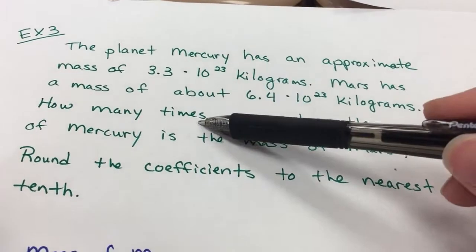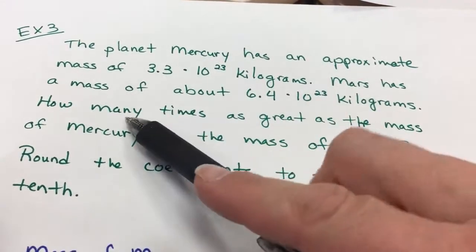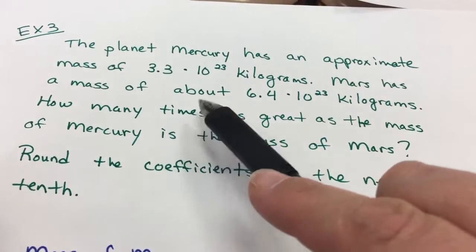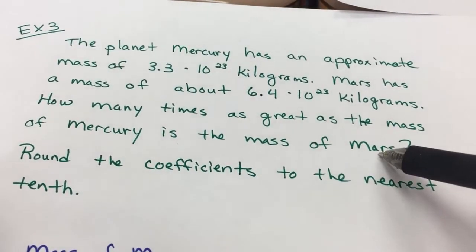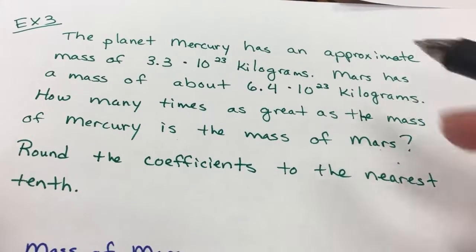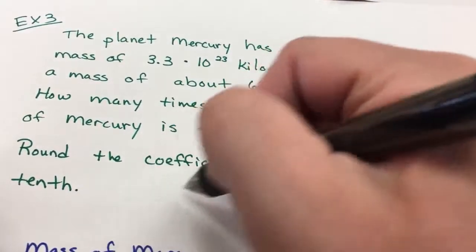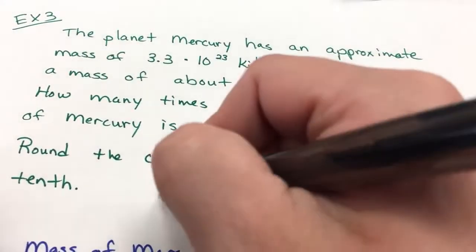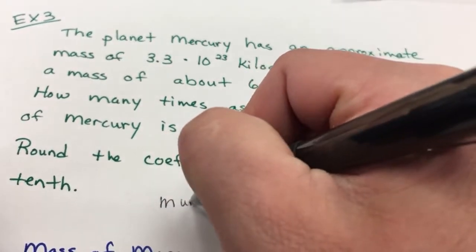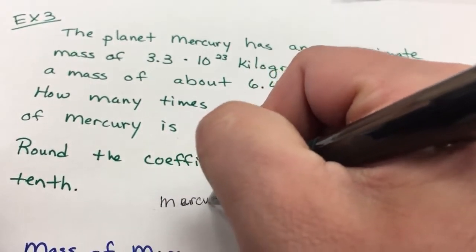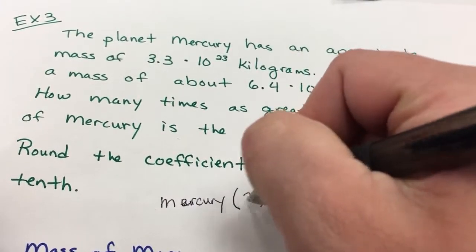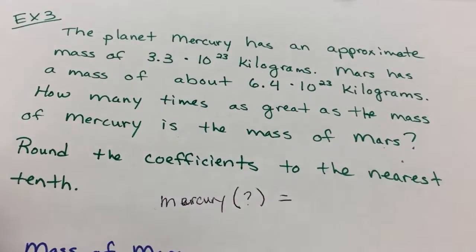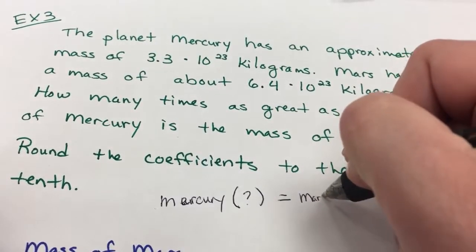So if we use this information, we're looking at some number times Mercury has to give me Mars. And I want you to think of it that way. So if I'm saying mass of Mercury, so Mercury times some number is going to have to give me Mars.